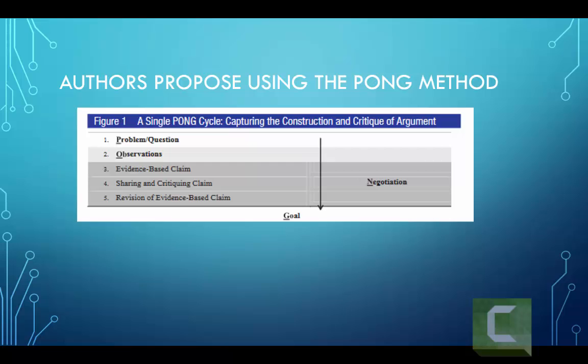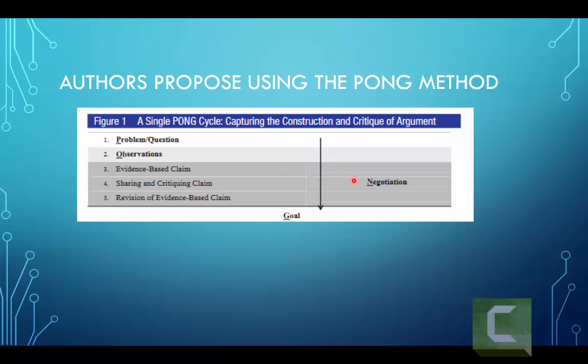What is going to happen in the PONG method is you start up here with the problem or the question. The teacher is going to pose a problem or share a focus question for all of the students. And then the students make their observations. Then they're going to make an evidence based claim, and then they'll share and have their claim critiqued.